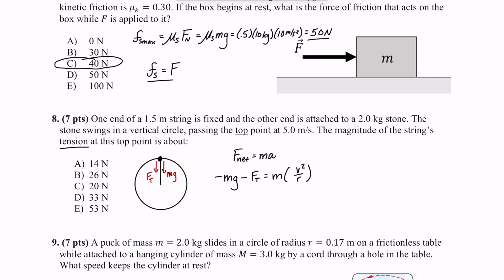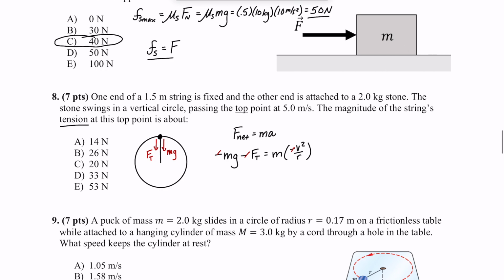And since the centripetal acceleration always points towards the center of the circle, and in this specific case that's pointing downwards, we'll need another minus sign. So all these minus signs can actually be canceled out, and we'll just work with the positives. So now we have mg plus tension force equals m v squared over r. I can rearrange this to solve for tension.